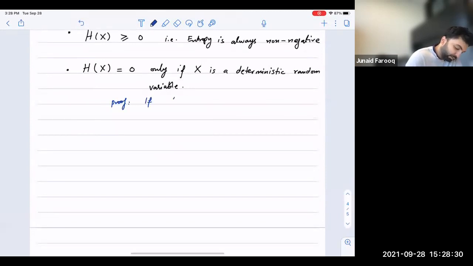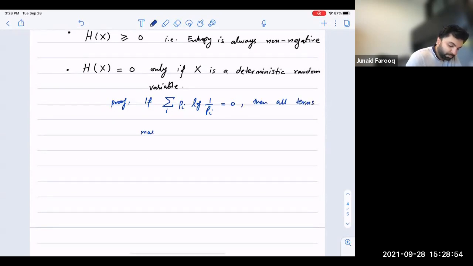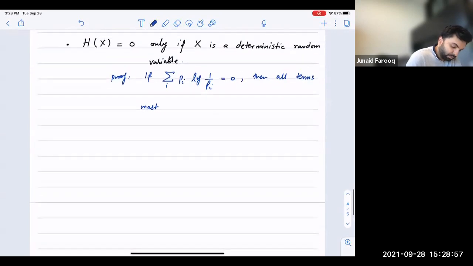So if someone tells you that the sum over i of p_i log 1 over p_i is 0, and because each of these terms is non-negative, then for the sum to be 0, all terms must be 0. Which means that p_i times log of 1 over p_i equals 0 for all i.